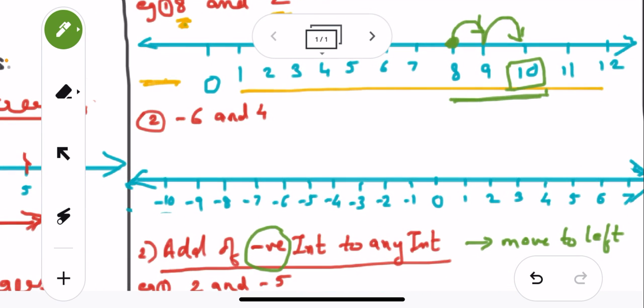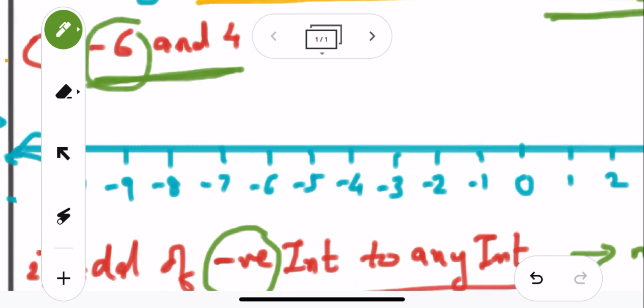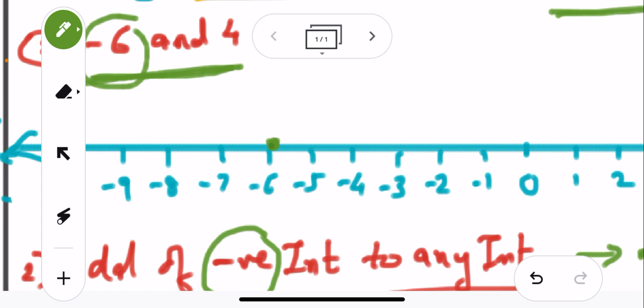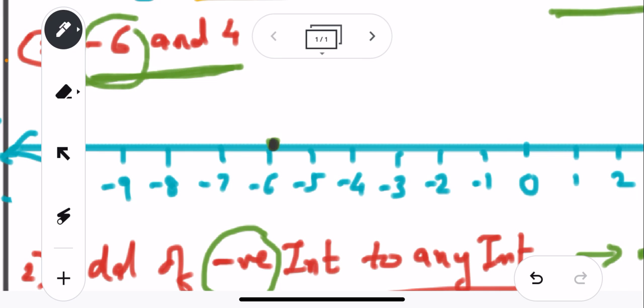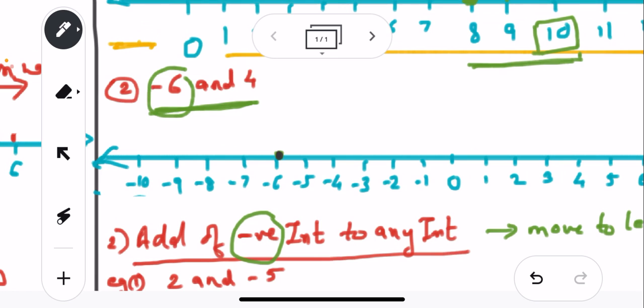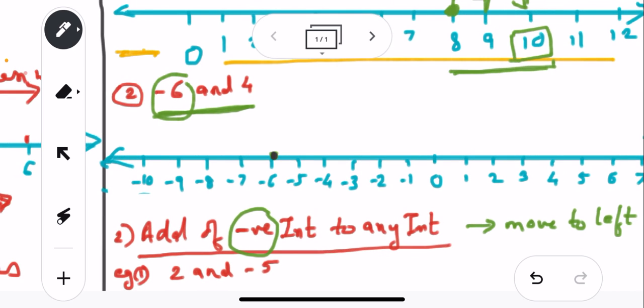Now if I have a negative integer and a positive, first we will mark minus 6 on the number line. Now this is plus 4. When we don't write any sign before a number, that means the number is plus.